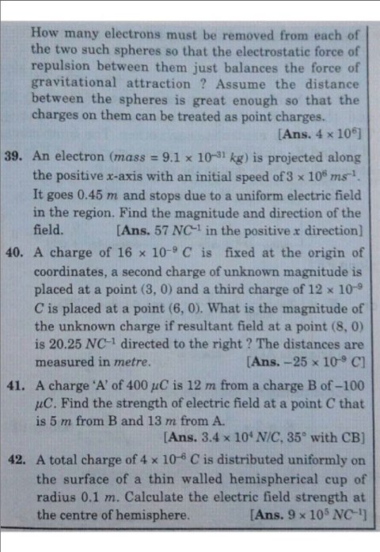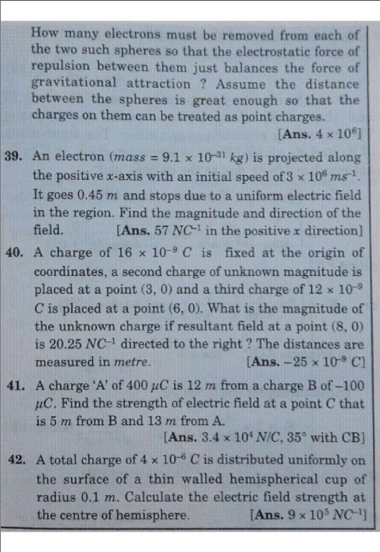The third charge obviously has the value of 12 nanocoulomb. What is the magnitude of the unknown charge if the resultant field at the point 8, 0 is going to be 20.25, and that is going to be directed to the right, and the distances are obviously measured in meters.